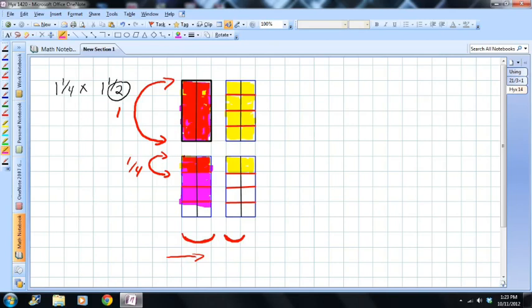And then we're going to fill in 1/4 of the next column. I'm sorry, 1/2 of the next column. So we want 1 1/2.